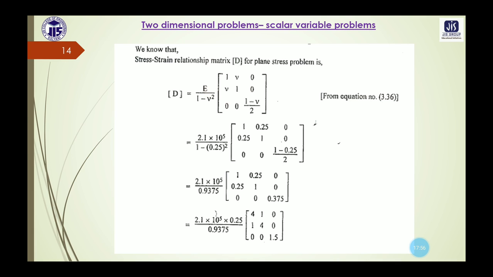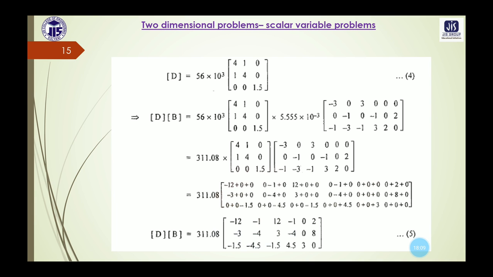Now these values of the Young's modulus and Poisson's ratio are actually given in this numerical. So we need to put the values of these parameters here, and finally we are getting the value of the D matrix as equation number 4, which is 56 into 10 cube multiplied by a 3 by 3 matrix.